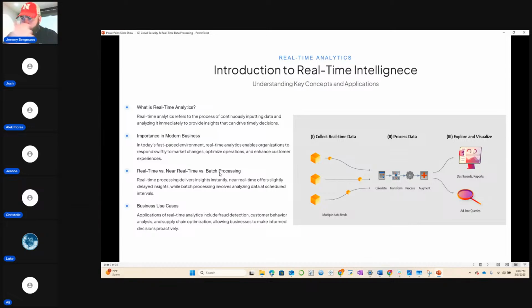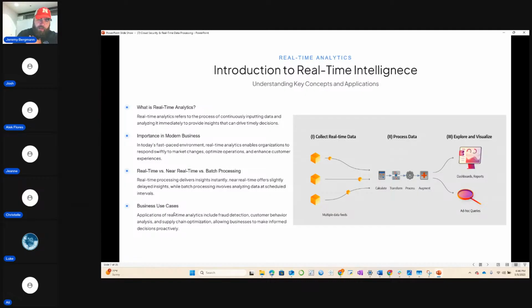Oftentimes data warehouses get information and look back at the day before to see what happened. And that can be perfectly fine too, especially if you're extracting huge amounts of data out of systems constantly. Maybe you want to do that processing overnight and have the results in the morning, and that perfectly meets your needs. So understanding, as a data engineer, near real time versus batch processing, and the differences and the use cases, is something always to keep in mind when you're thinking about solutions.